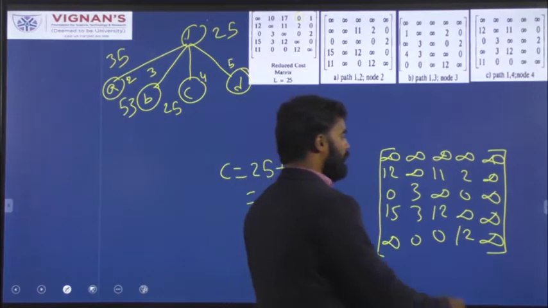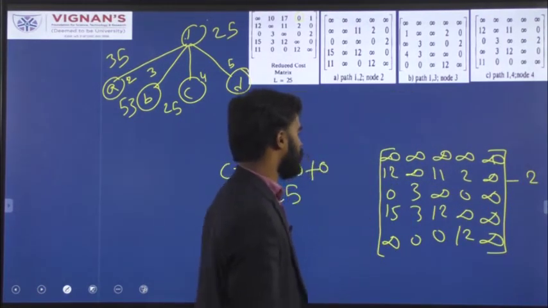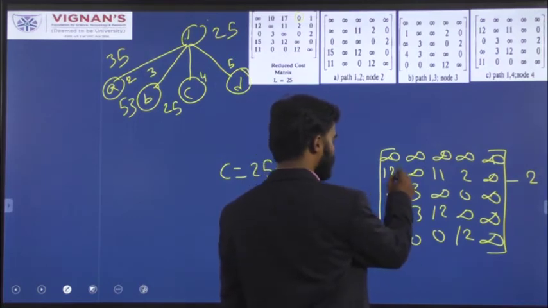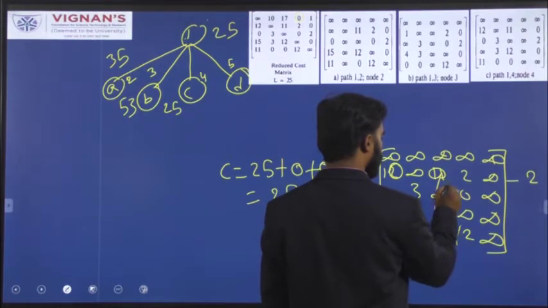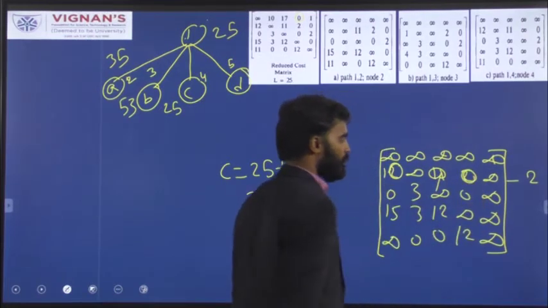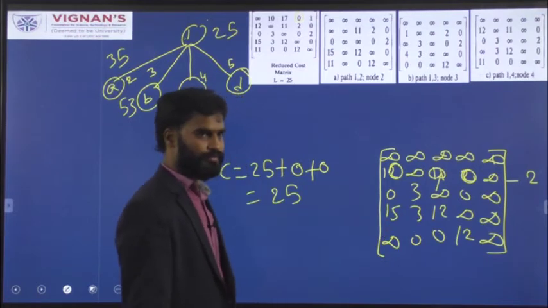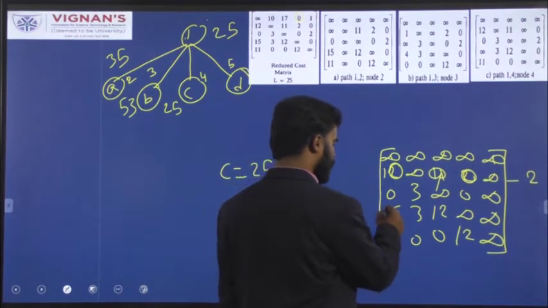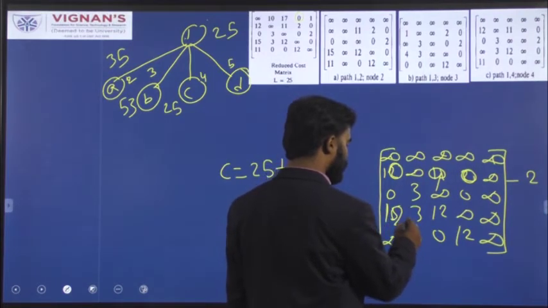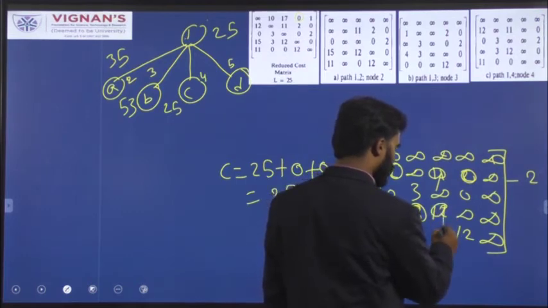So identify the minimum element, which is 2, and reduce it. So 12 becomes 10, 11 becomes 9, and this becomes 0. The third row is reduced. The fourth row is not reduced. The minimum element in the fourth row is 3, so reduce each one by 3. So 15 becomes 12, it becomes 0, and this becomes 9.